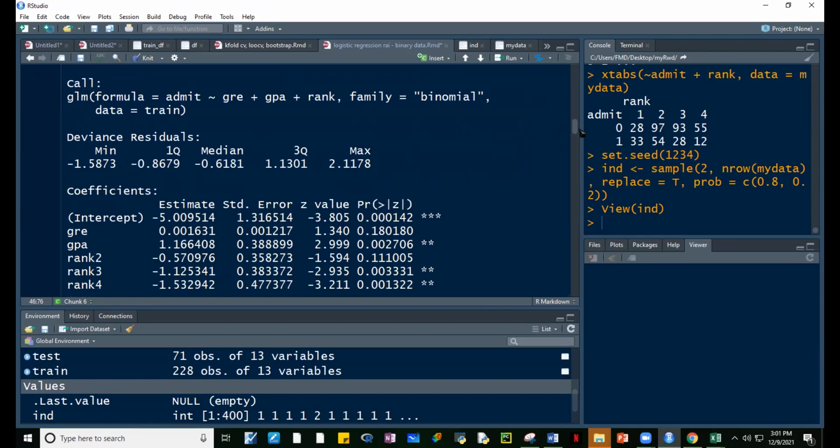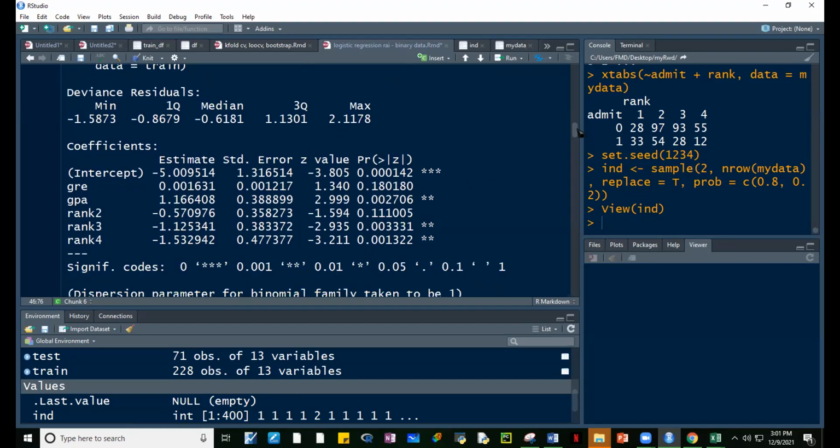When you run that, you can call out the formula: regress admit on the three variables GRE, GPA, and rank, binomial. Then you have the residuals and the parameters GRE, GPA, rank 2, 3, 4. It turns out GRE is not significant.